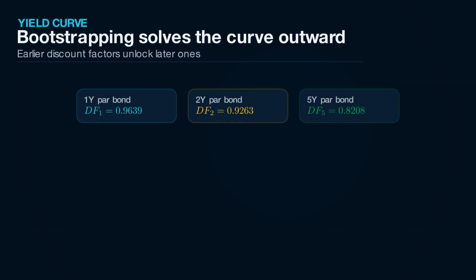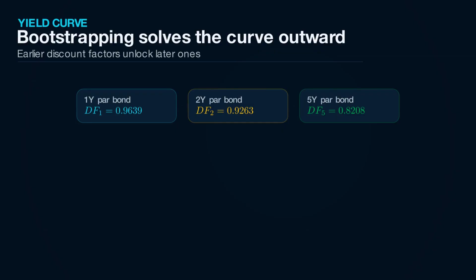Real markets do not always hand you perfect zero-coupon bonds at every maturity, and Treasury publishes par yields rather than a full official zero-coupon curve. So desks bootstrap. They start with the shortest maturity, solve the first discount factor, then use that answer to solve the next one, and keep stepping outward.